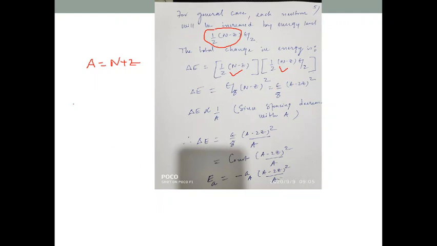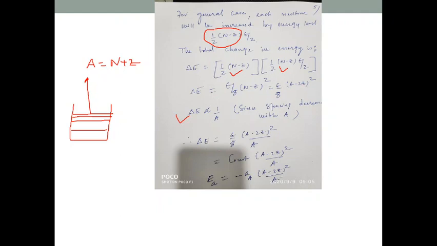Now dear students, I had started off with an assumption that this spacing is equal. But as A increases, the spacing will decrease. So the change in energy will be inversely proportional to A, because the spacing decreases as A increases, and proportional to this term (A minus 2Z) square.